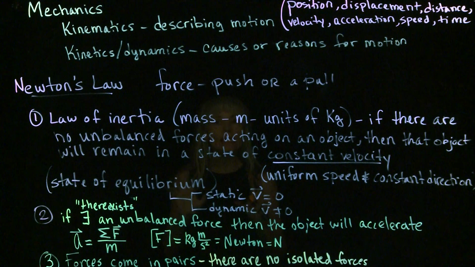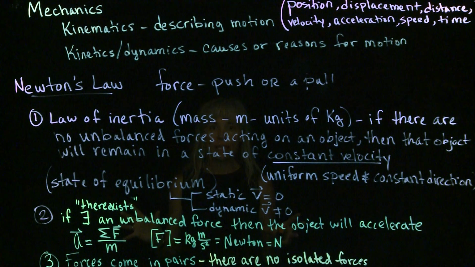And it's very easy to identify that Newton's third law pair by just changing the nouns. So I push on earth. Me and earth are the two nouns. Switch them. Earth pushes on me.